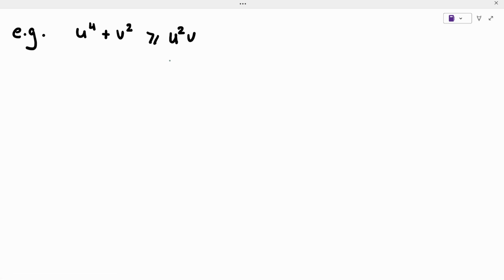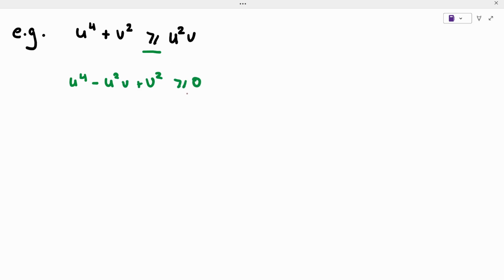So how do we go about doing that? You see, because again, we have this greater than or equal to sign, we typically want to lead towards something that we are squaring, because that is a sure thing that we know is greater than or equal to 0. So let's write this as u^4 minus u^2 v plus v^2 is greater than or equal to 0.